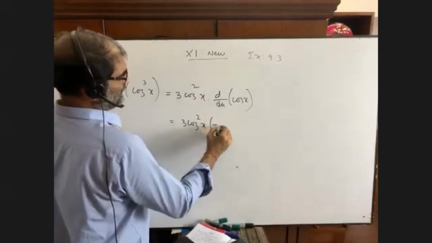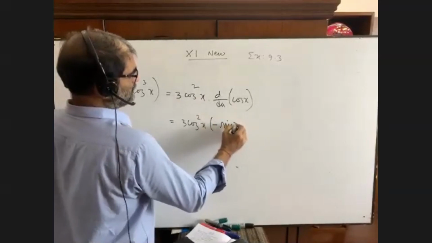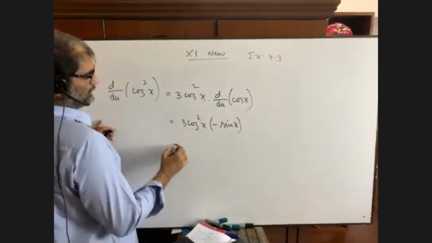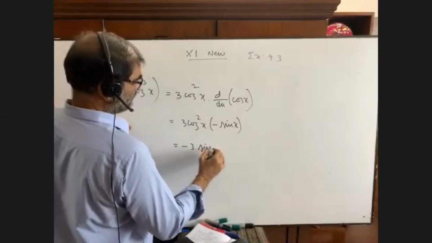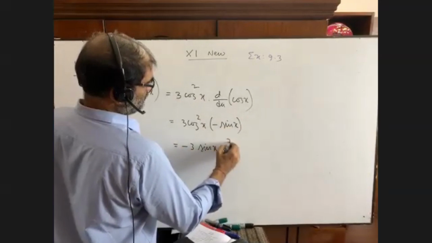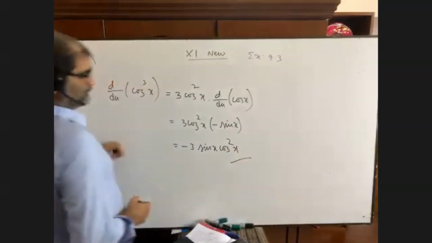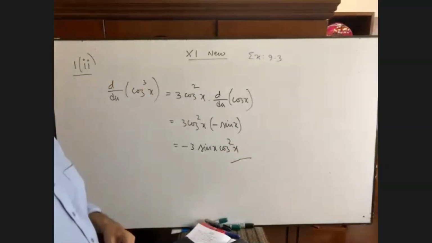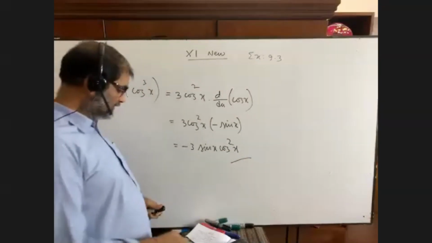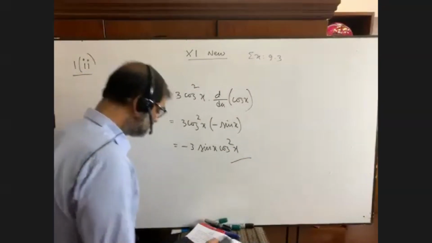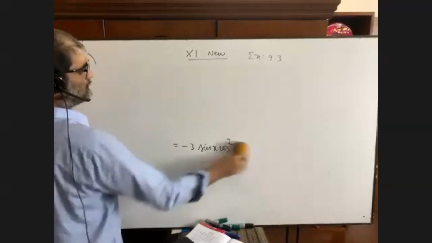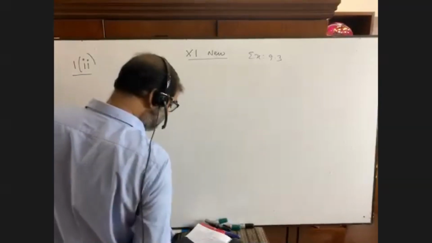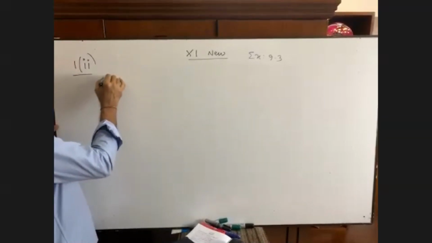Cos x equals to what? Minus sin x. That is minus 3 sin x cos square x. We are done. Is it hard? Nah, sir.